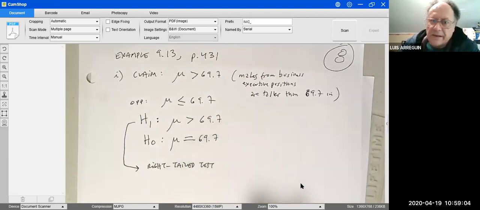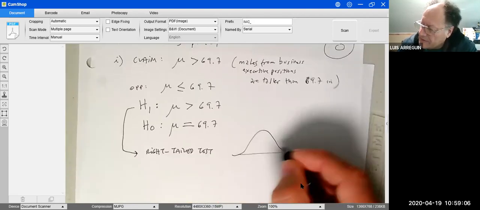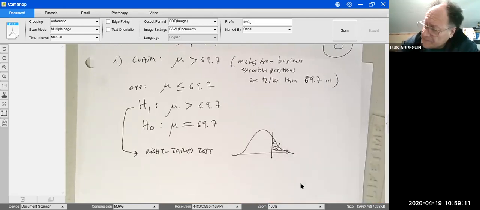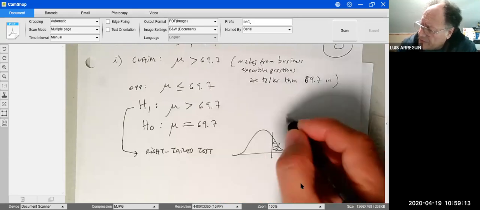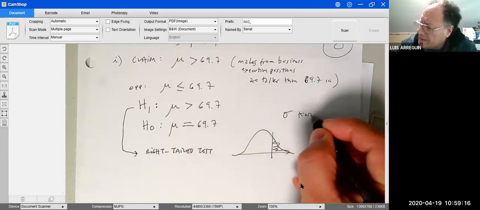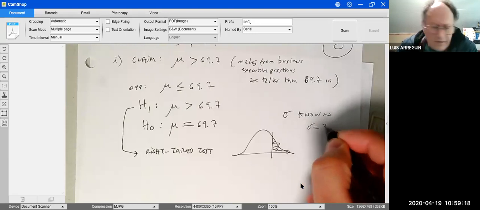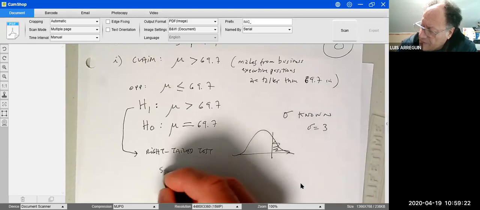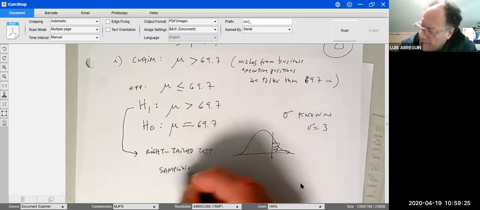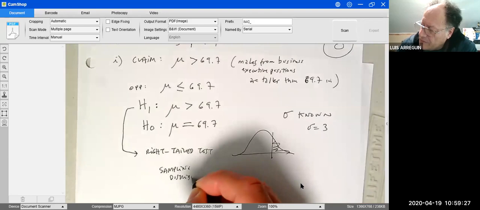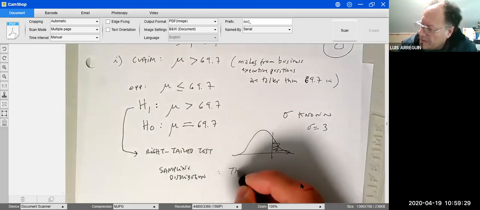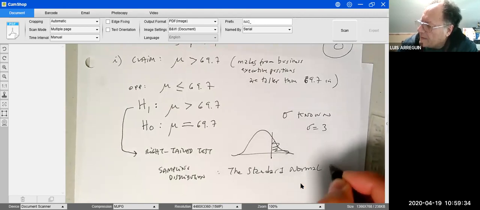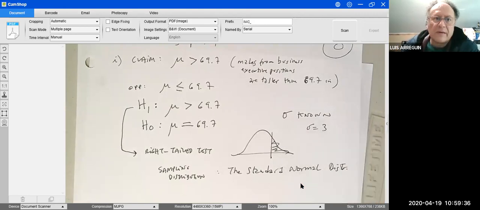Because we know the standard deviation of the population, 3 inches, our sampling distribution is going to be the standard normal distribution. So that's the first step.